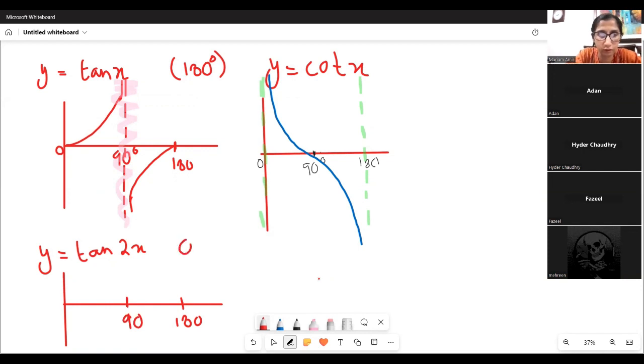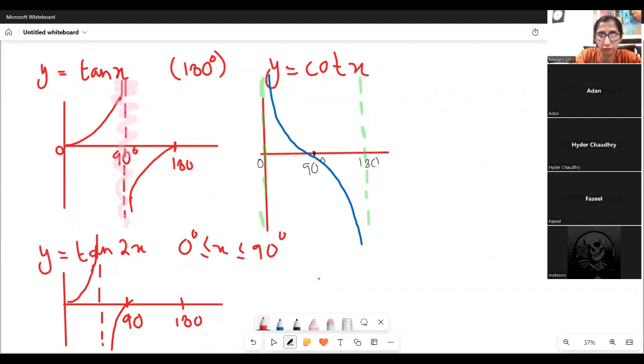So let's say the given domain is 0 to 90 degrees. So you will only show one complete cycle. इस तरह का ग्राफ होगा. एसिम्प्टोट है वो जो पहले 180 पे खत्म हो रहा था वो 90 पे खत्म.